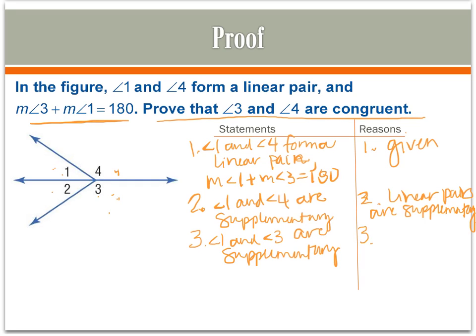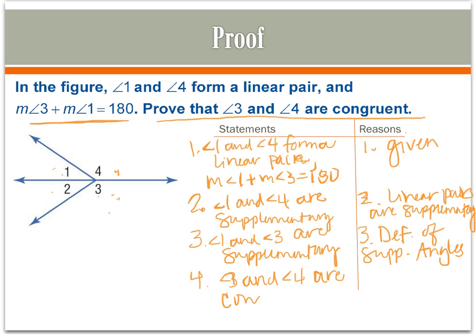And the reason why they're supplementary is because of the definition of supplementary angles. And so therefore I can say that angle 3 and angle 4 are congruent. And the reason why I can say that is because of the congruent supplements theorem.